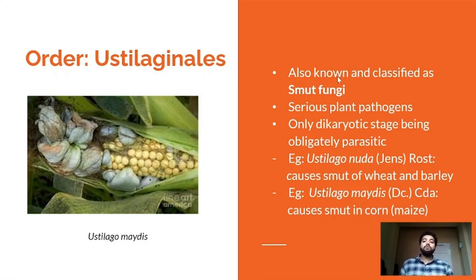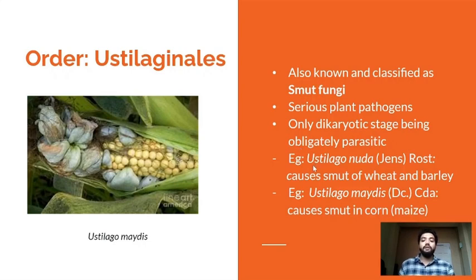Ustilaginales is also known as the smut fungi. They are serious plant pathogens, and only the dikaryotic stages are the obligate parasite stages of this fungus.